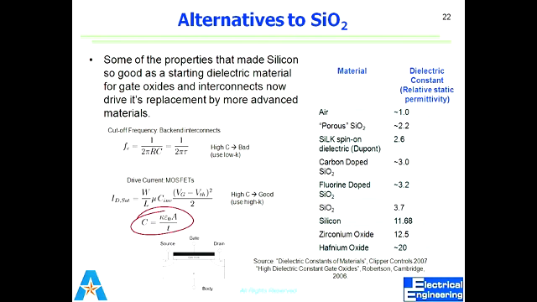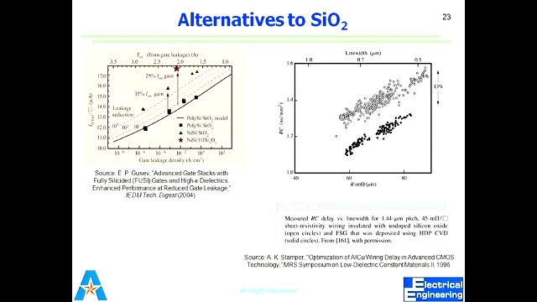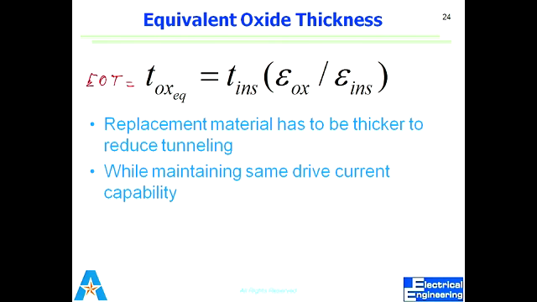So we are interested in the materials, in the layers that have high dielectric. Silicon nitride is the second option, but there are some other options as well, like titanium oxide.